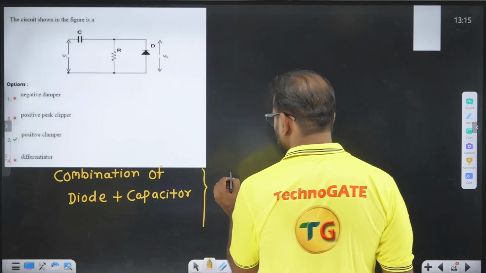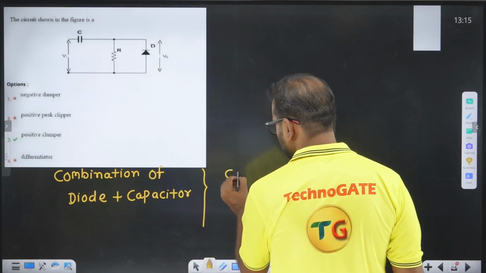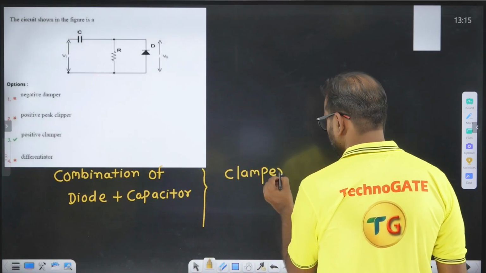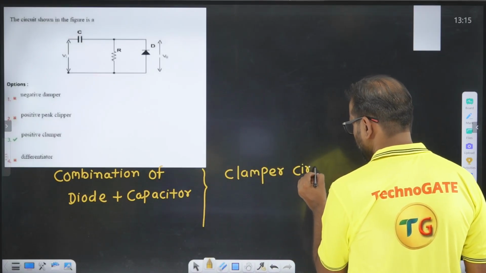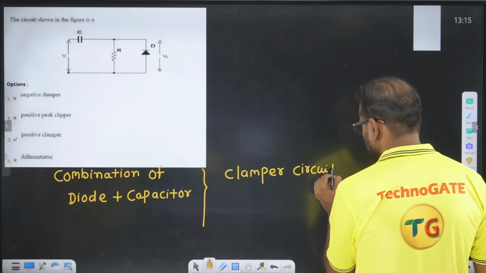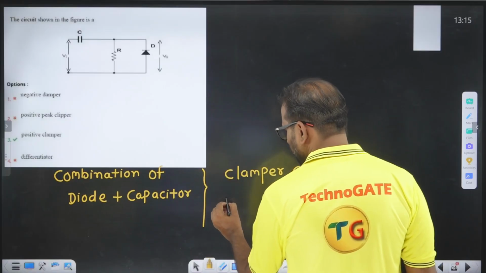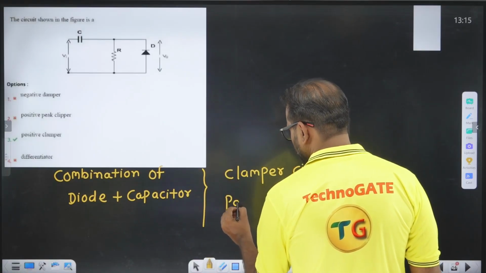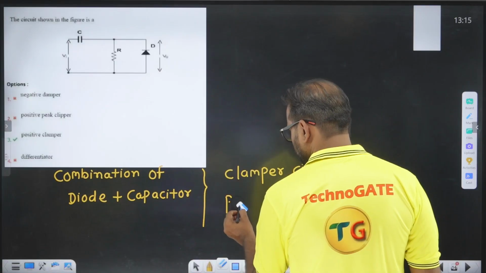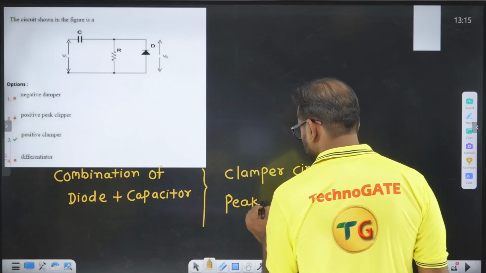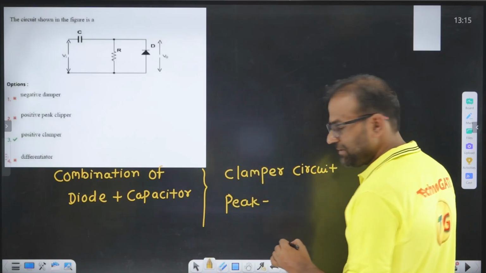The first is the clamper circuit and the second is known as the peak detector circuit.